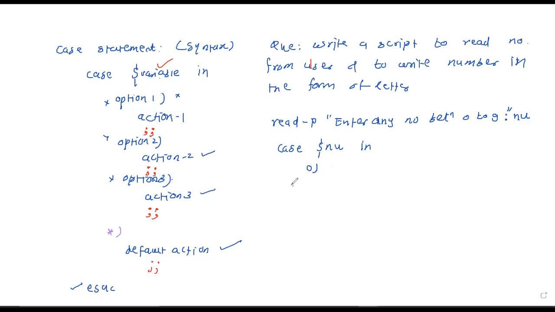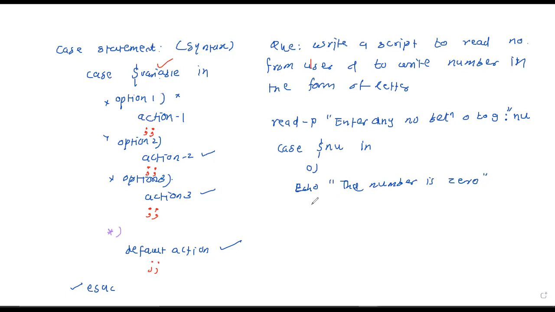Then what will be the action? The first action will be echo, the number is 0. Done.